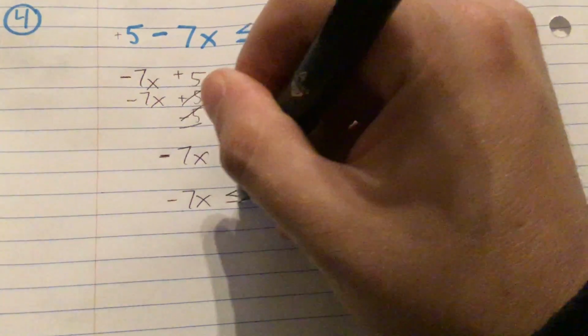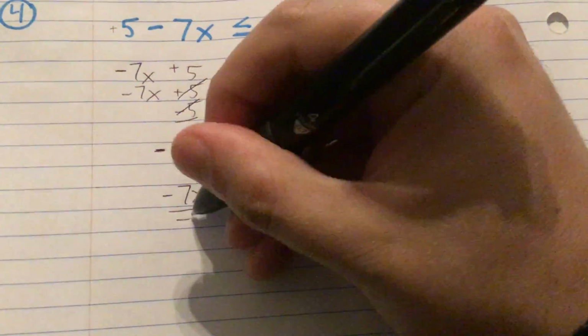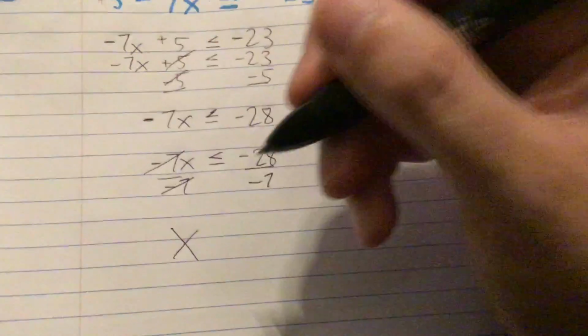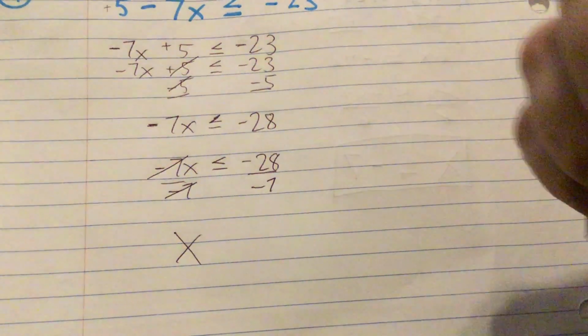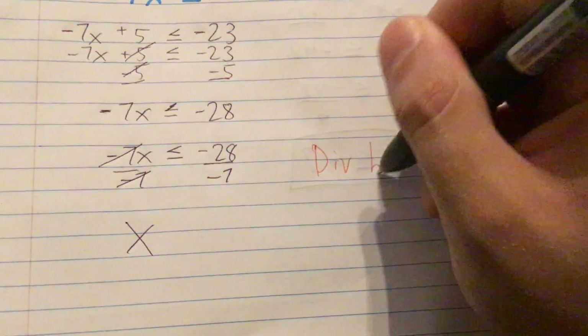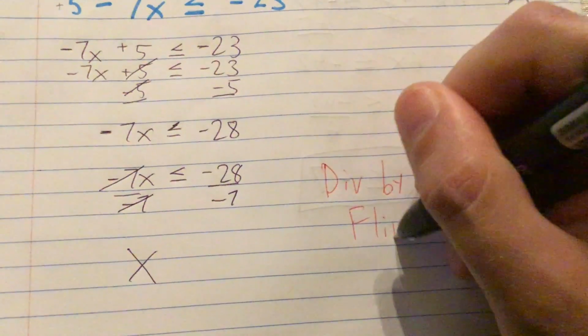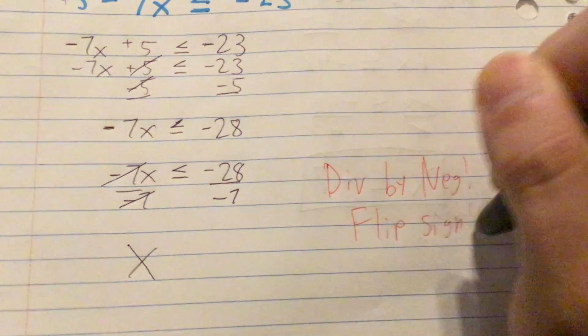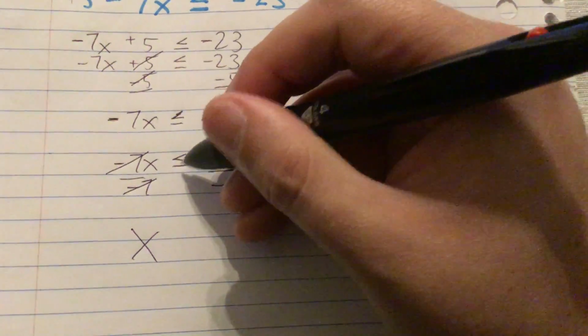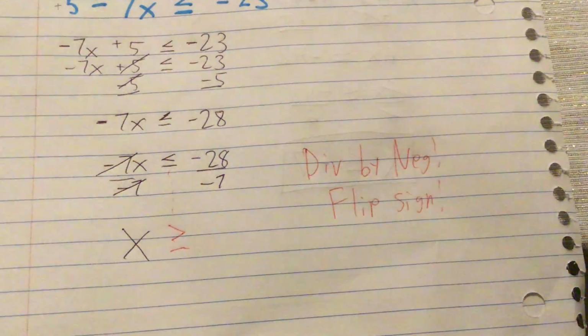And now I'm going to divide both sides of the inequality by negative 7. So specifically, negative 7 cancels out with negative 7, leaving me with x. And because I'm dividing both sides by negative 7, divide by negative means I'm going to flip the sign. So this less than or equal to sign becomes a greater than or equal to sign.